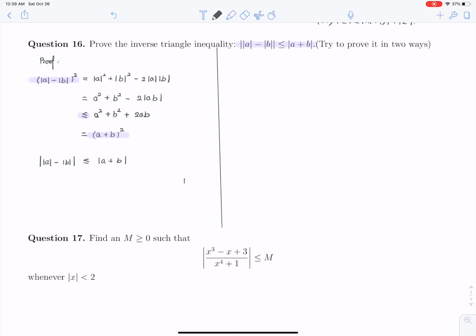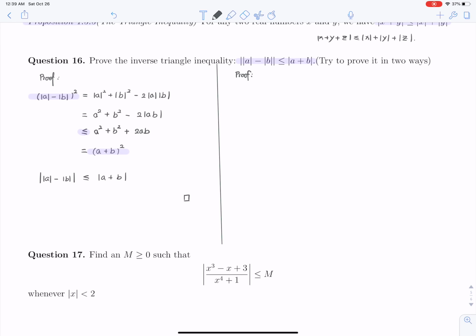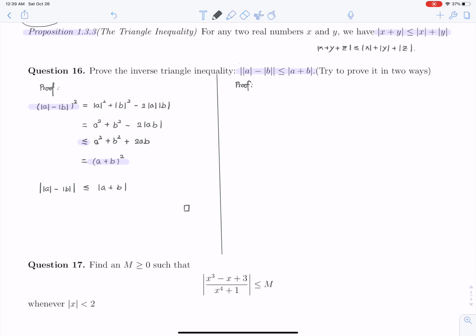Okay? The second way involves triangle inequality. Yeah, now I remember. That's why I want to show you both ways, because both ways are quite important. This one we consider different cases because we have two absolute value symbols here, so we want to get rid of one, which is why we consider cases.